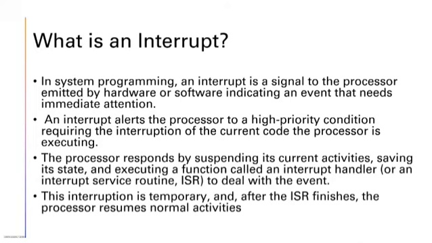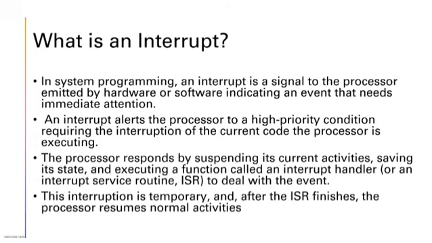For getting service from the processor, it raises a signal, and this signal is called an interrupt. Why is it called an interrupt? Because whenever this signal comes, the processor will stop whatever it is doing and go and serve the signal, giving assistance to the hardware or software which is demanding attention.